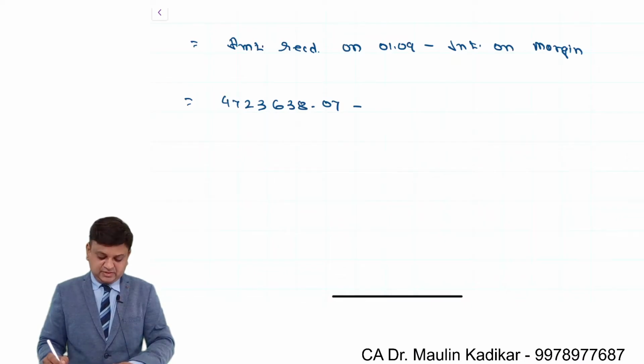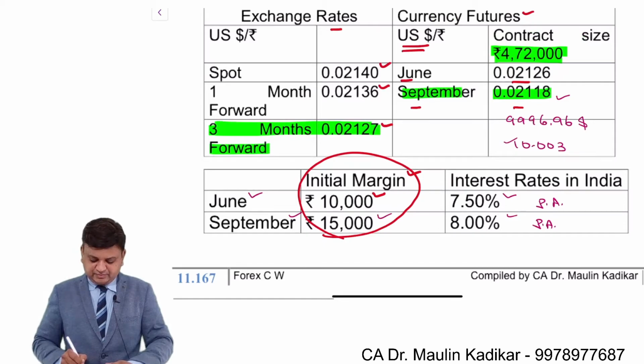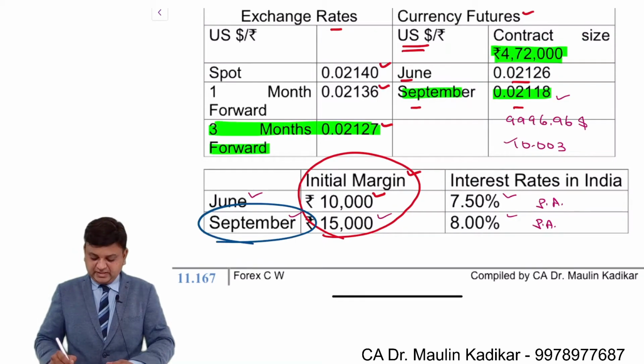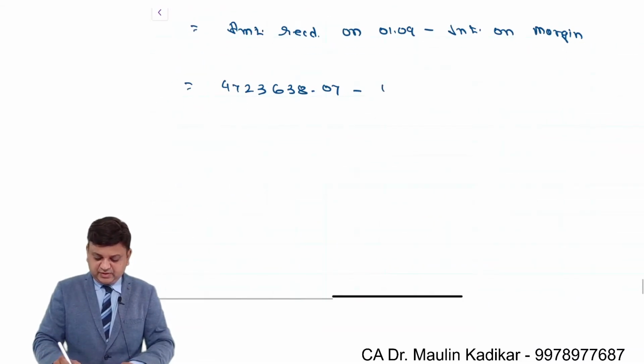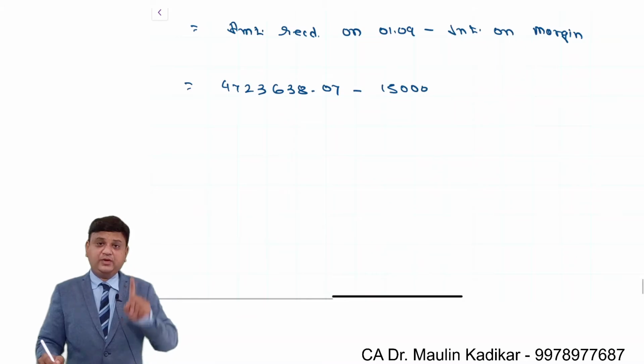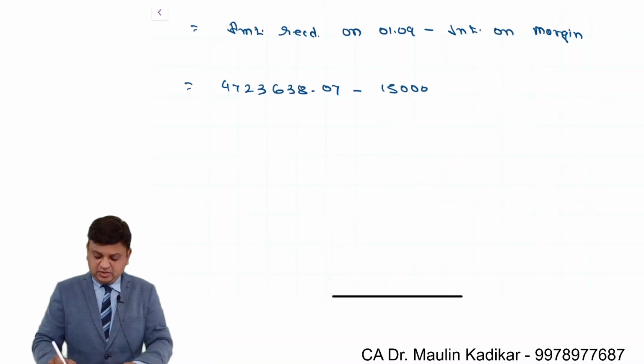minus interest on margin. You can see that if at all you enter into the September futures contract, then in that case you have to pay margin of 15,000. So over here 15,000 is required to be paid for one contract. You have entered into how many contracts? You have entered into 10 contracts.